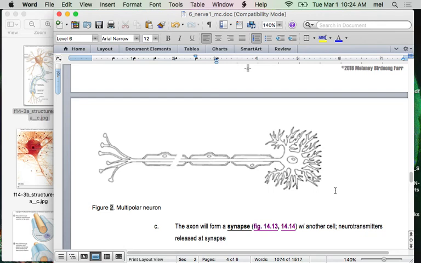You can label the axon hillock, which is here. The soma, or cell body. The axon telodendria and synaptic knobs. You could also, and this is probably the harder part, tell me whether this axon runs through the PNS or the CNS by looking at it?